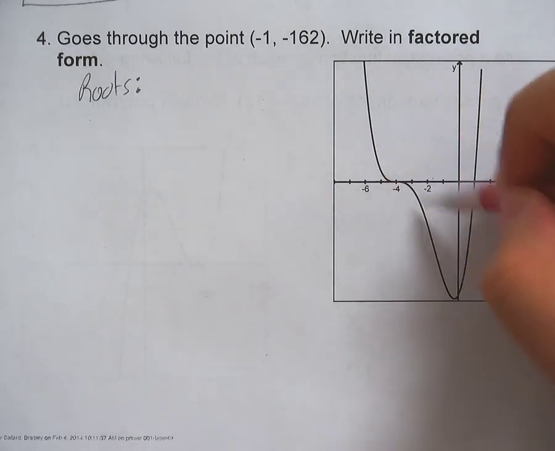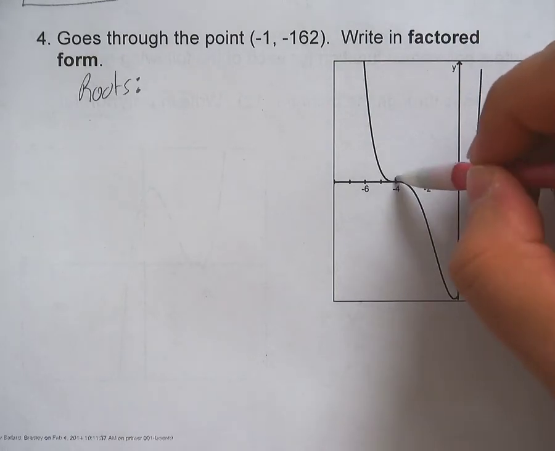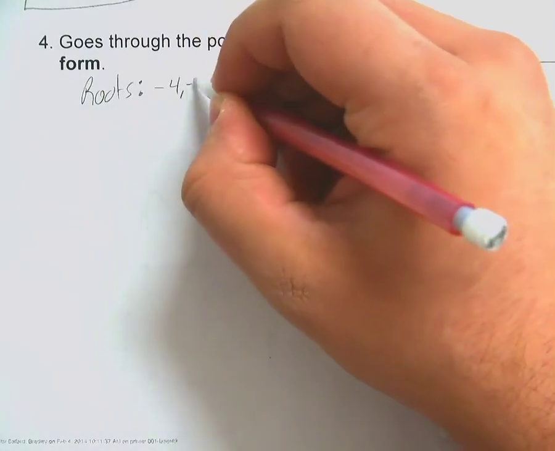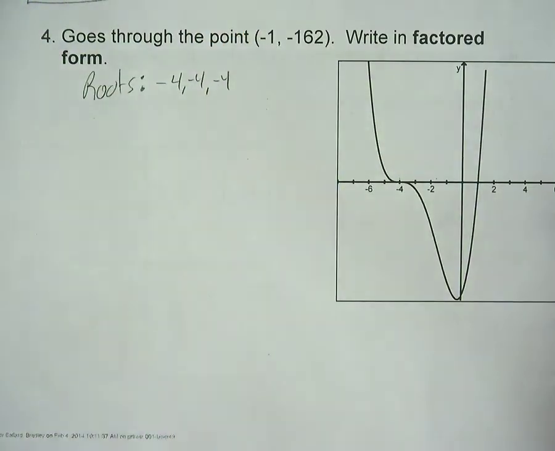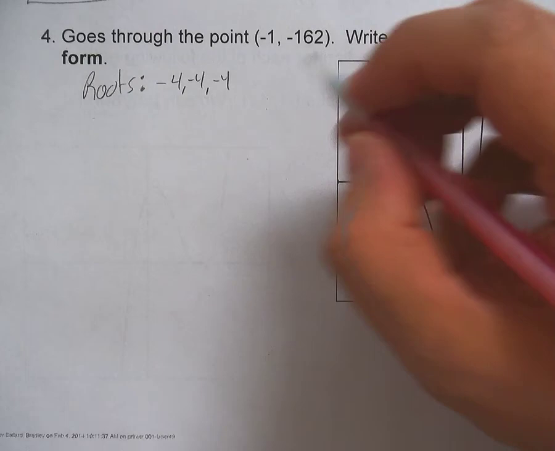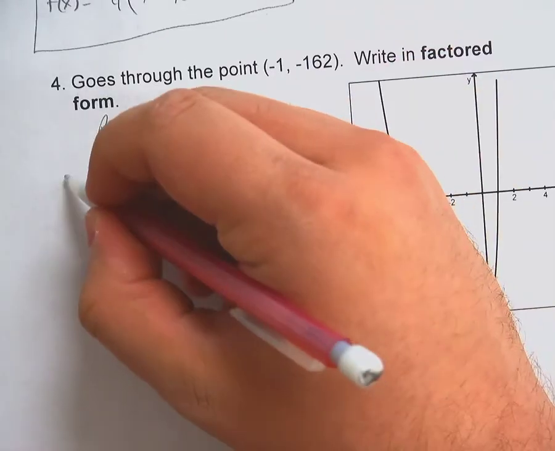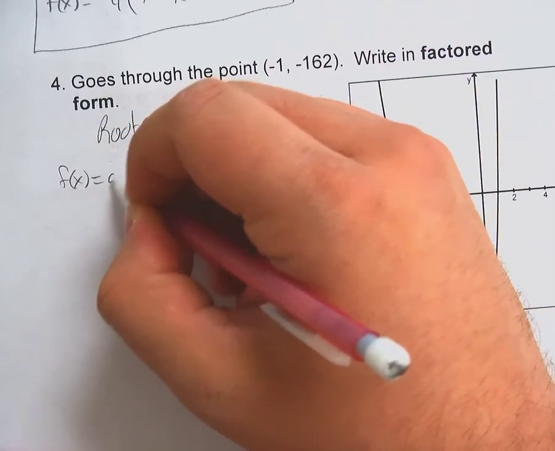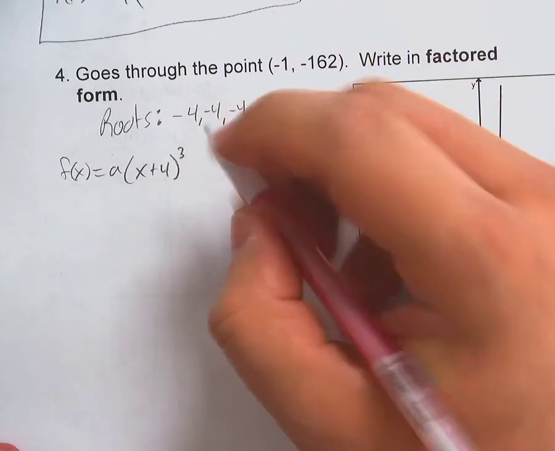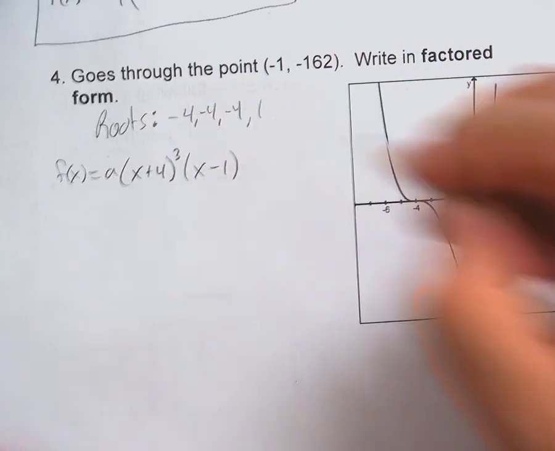Smiley face to frowny face, that's a change in concavity at negative 4. That means we have a triple root. And then we've got a single root at 1. So I'm going to have f of x equals a times x plus 4 cubed, x minus 1.